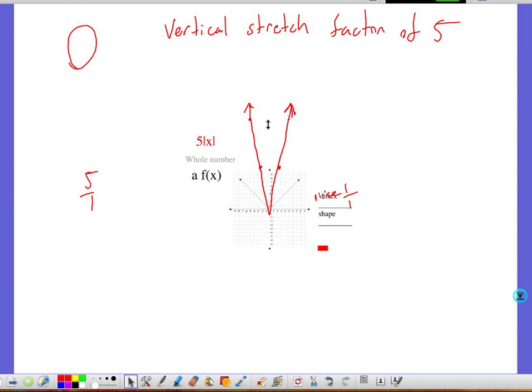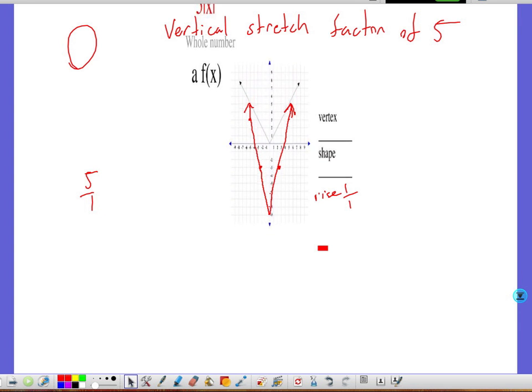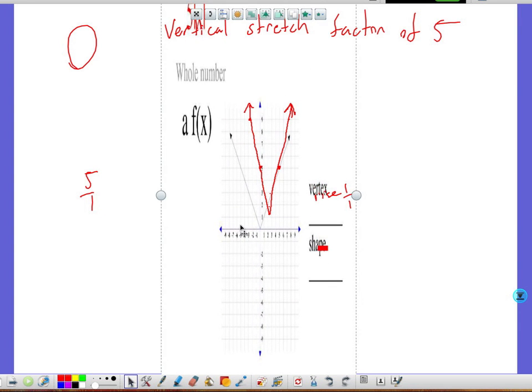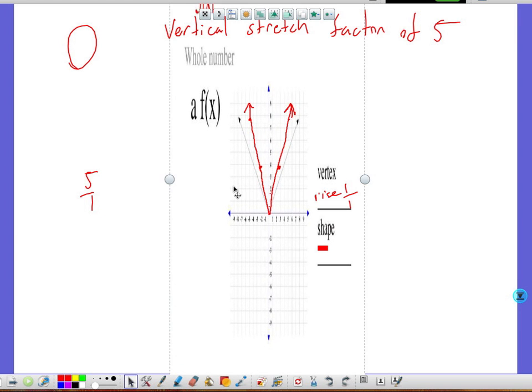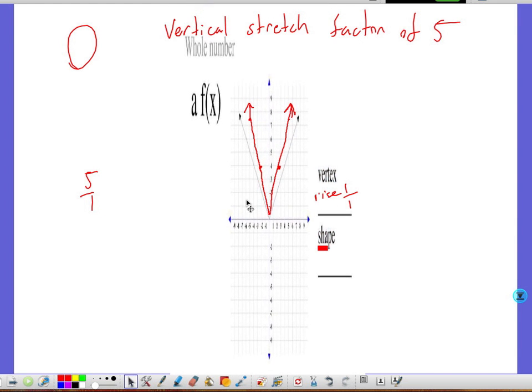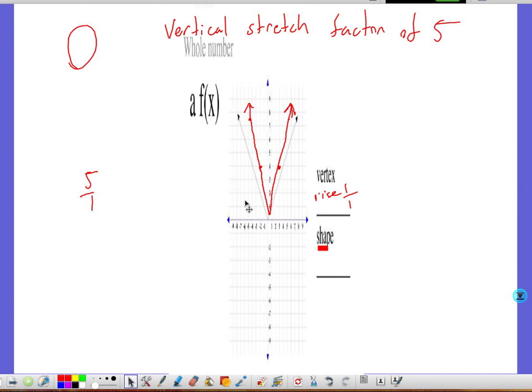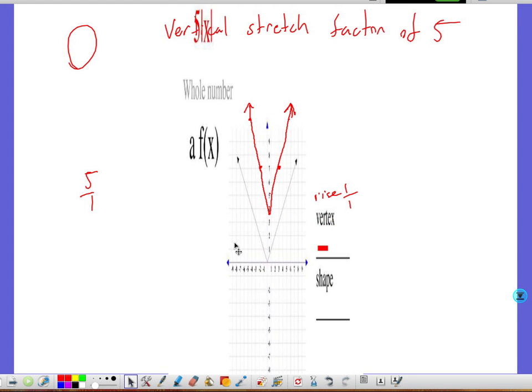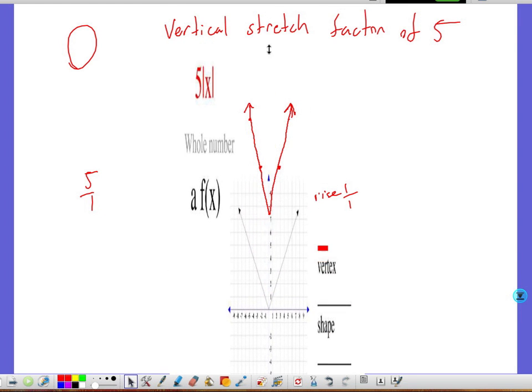So if I stretch this graph further and further, can you see how stretching it vertically makes the graph narrower? And if I stretch it just enough, I begin to get the shape that I graphed in red. And so this is why it's called a vertical stretch.